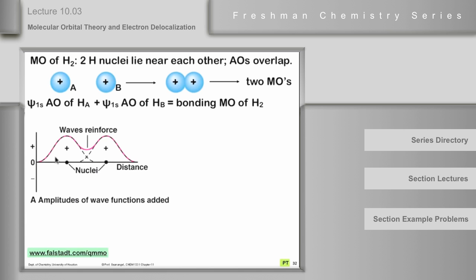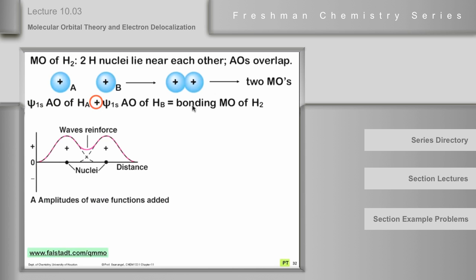In the middle, between these two, the overlap occurs, and in this region right here, when you sum these two, there will be an increase in the available electron density, and that will stabilize the molecular orbital that you get by adding these two. It's that one right there.